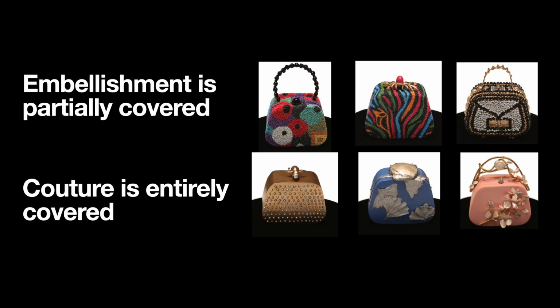Now, going back to the embellishment and couture, one change that's made is embellishment is partially covered and couture is entirely covered. So embellishment is considered to be partially covered. You have the man-made object and you can sort of see the man-made object under there. Couture is entirely covered with plant material, made of plant material.